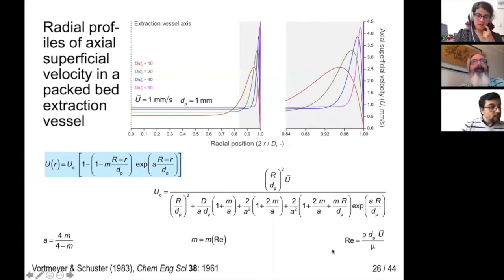We compute the radial variations in superficial velocity in such a way that the average coincides with the intended average superficial velocity. These figures show radial changes in superficial velocity for d over dp between 10 and 80, and average u equal to 1 millimeter per second, with increased detail close to the vessel wall.